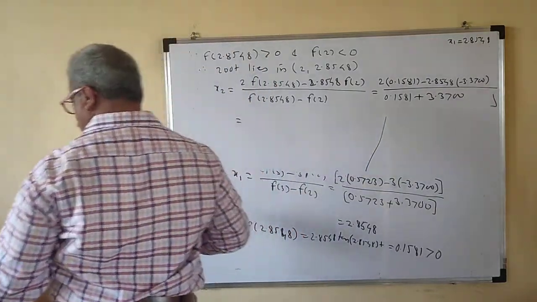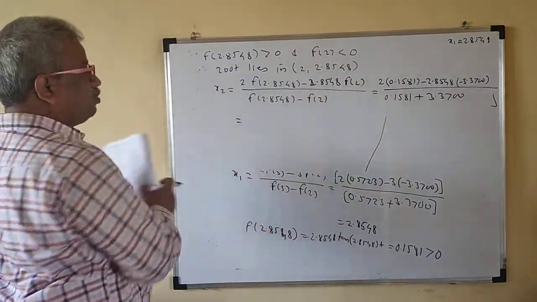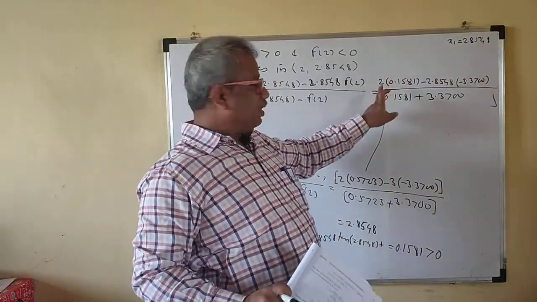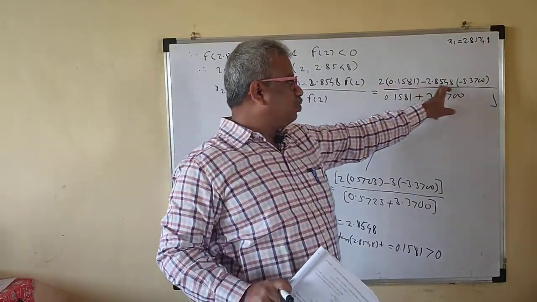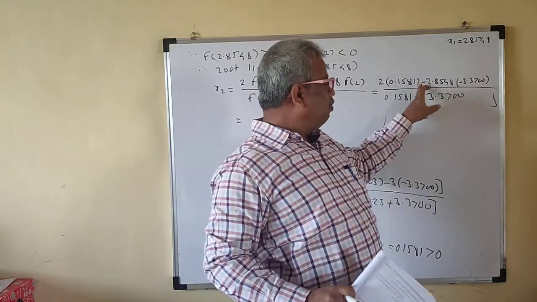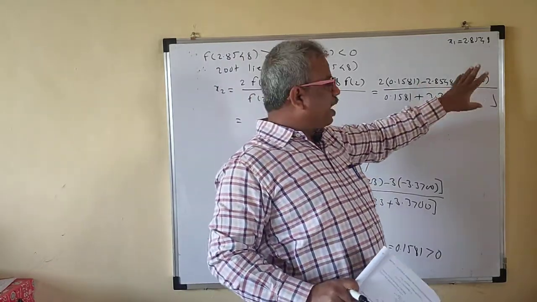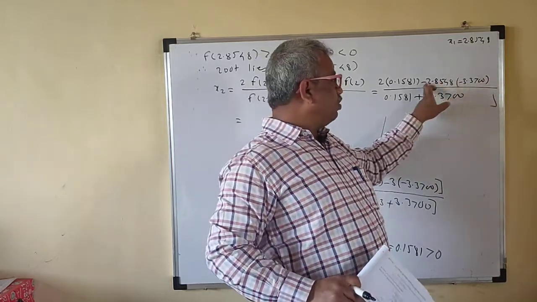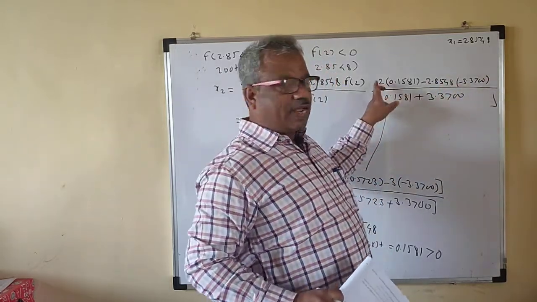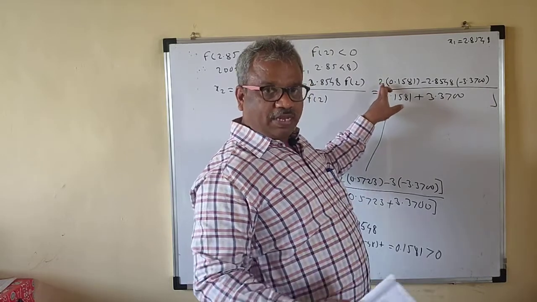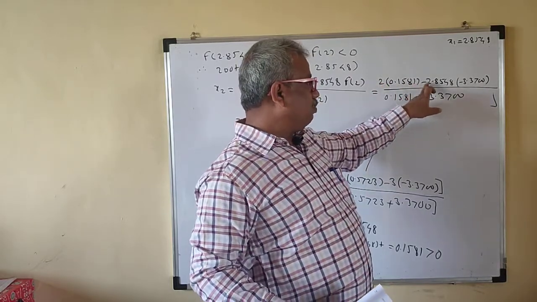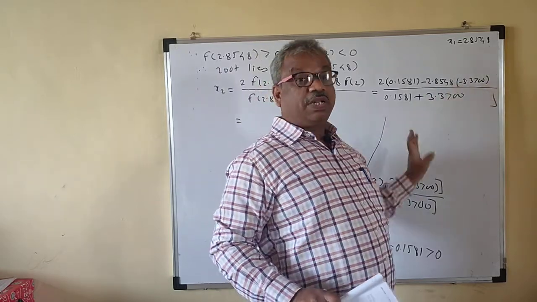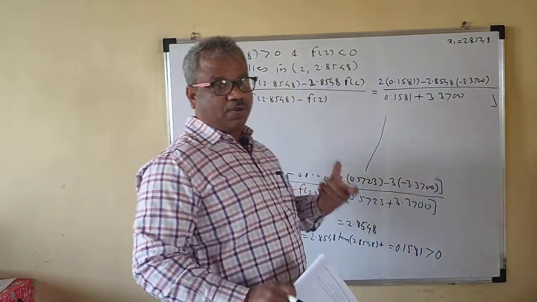So I will directly find the value of this one. Just write a bracket: 2 into this, minus 2.8548 into minus 3.3700, write plus here, this into this. Close the bracket for the numerator.